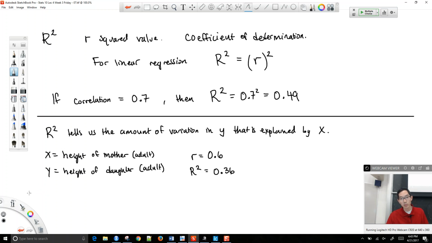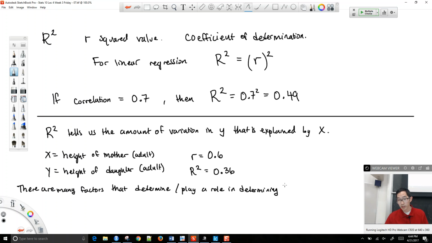So our explanation goes something like this: there are many factors that play a role in determining the height of an adult woman, one of which is the height of the mother.